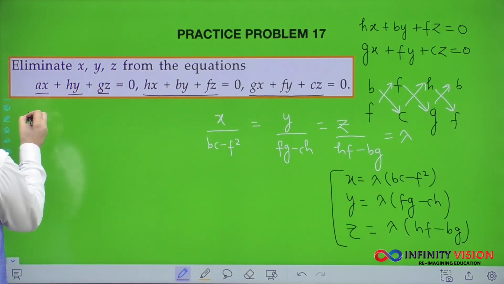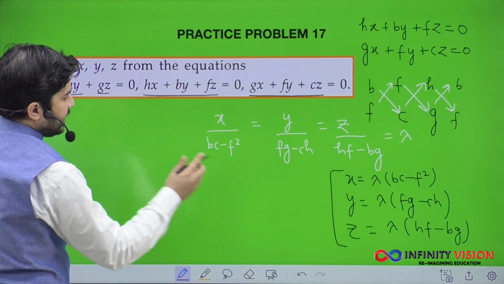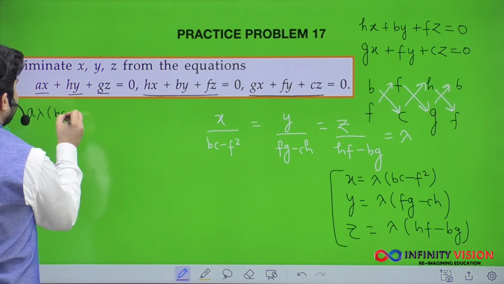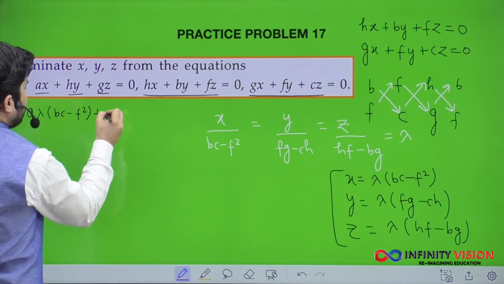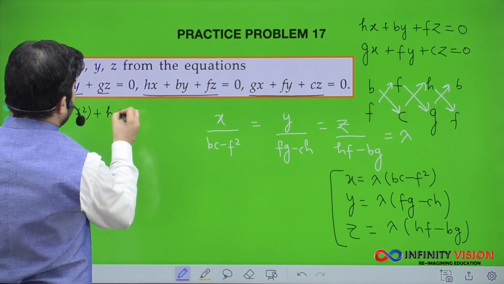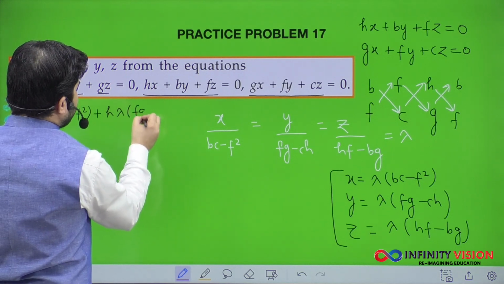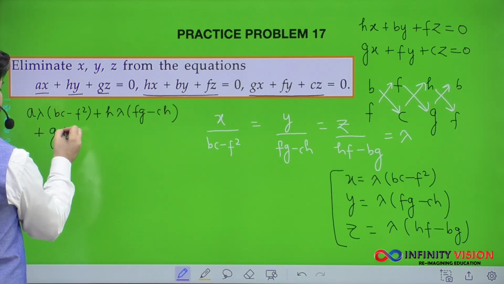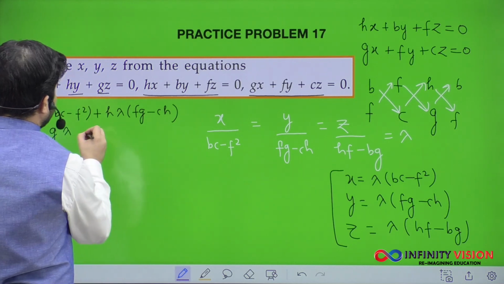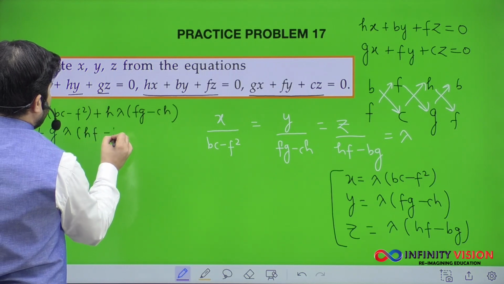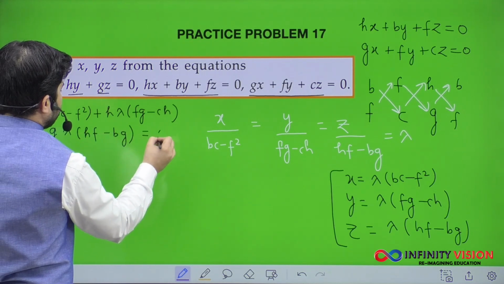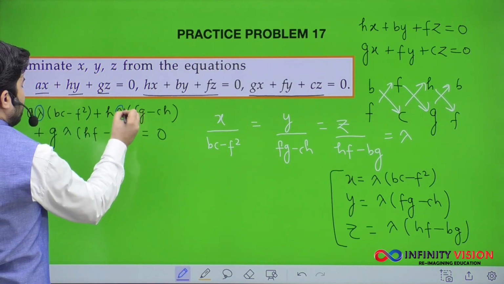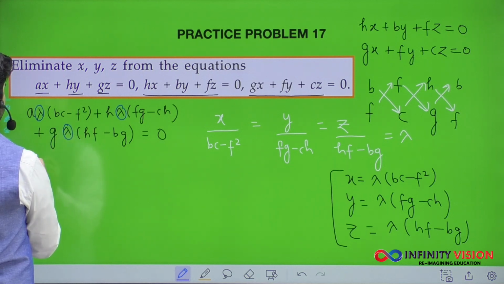So this equation would become a into, for x I am going to write lambda into bc minus f square, plus h into, for y I am going to write lambda into fg minus ch, and for gz, for z I am going to write lambda into hf minus bg, and the whole thing is equivalent to 0. As you know, lambda is common, so lambda would be out.